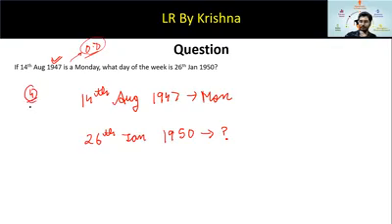Okay. So answers range from Wednesday, Saturday, Friday, Wednesday, Tuesday. So these are the answers that I've got. And everyone is replying privately, means they are not confident.